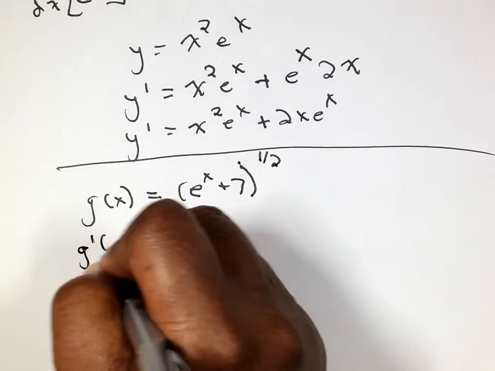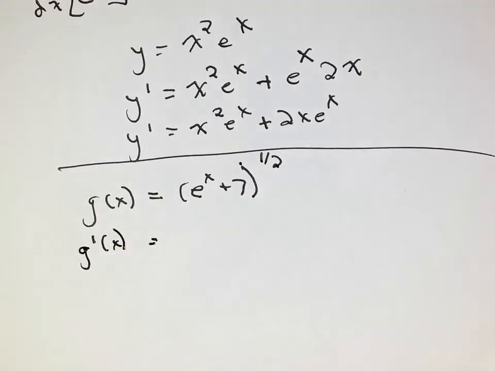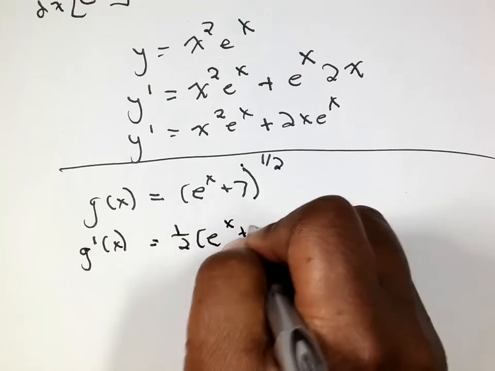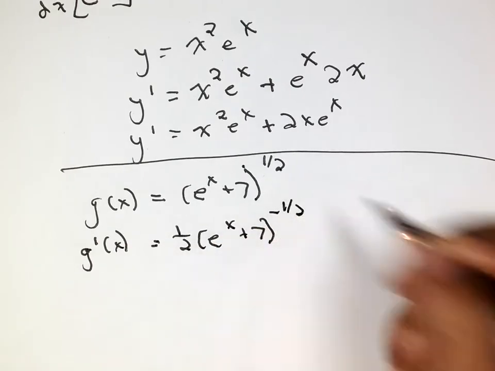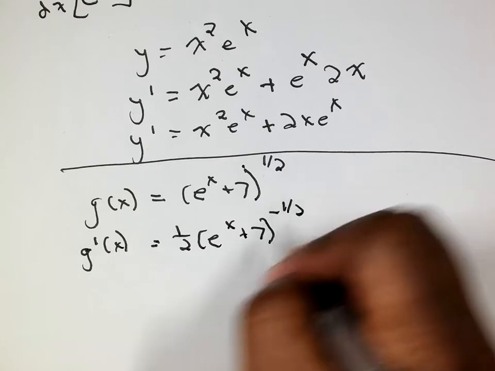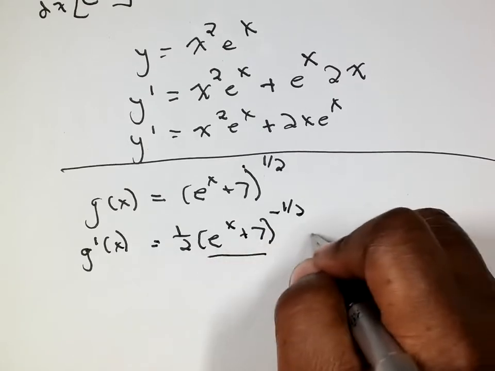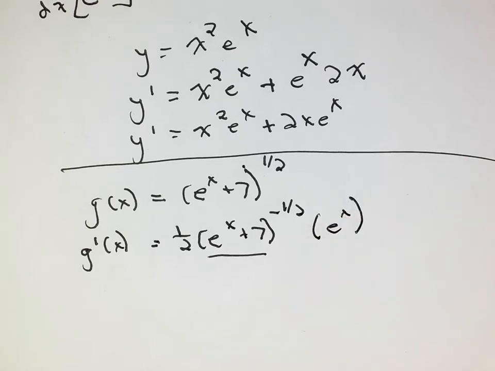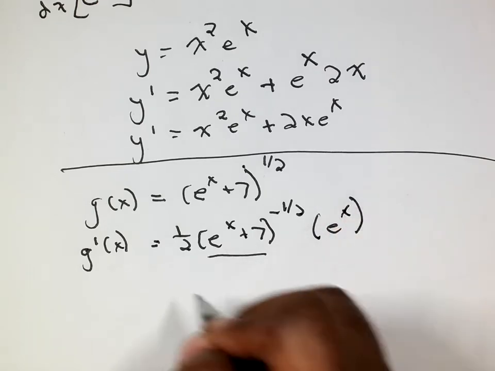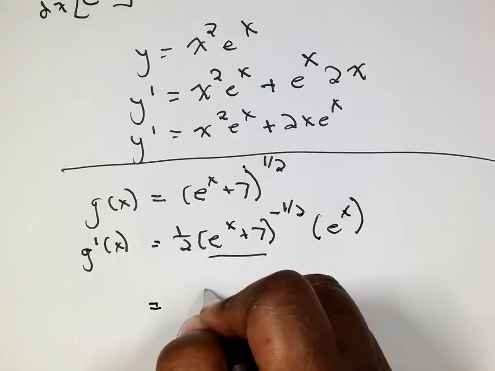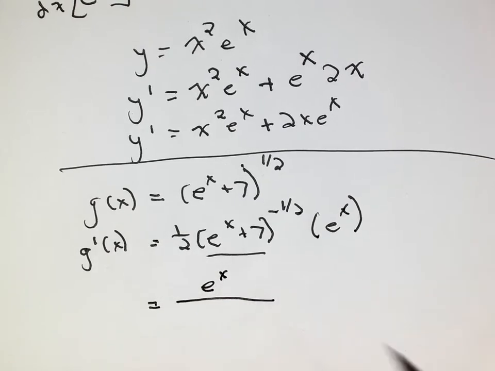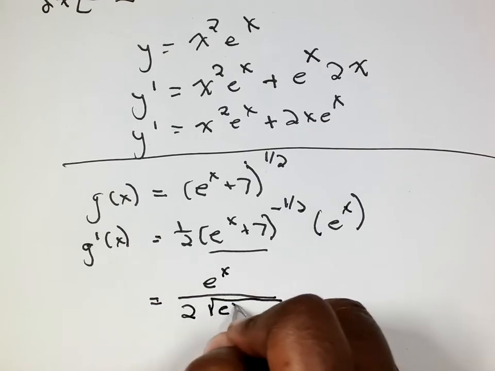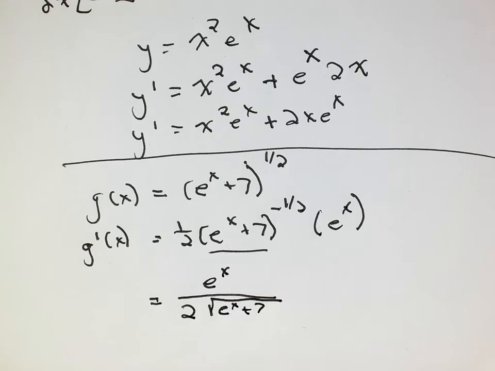So when I take that derivative, I'm going to use the chain rule, so the 1/2 gets multiplied out front, e to the x plus 7 to the negative 1/2 power, because you have to subtract 1 from the exponent, and then take the derivative of e to the x plus 7, which is just e to the x. And again, we can clean that up so that e to the x is the only thing that's in my numerator, and the denominator I have 2, and then the square root of e to the x plus 7.